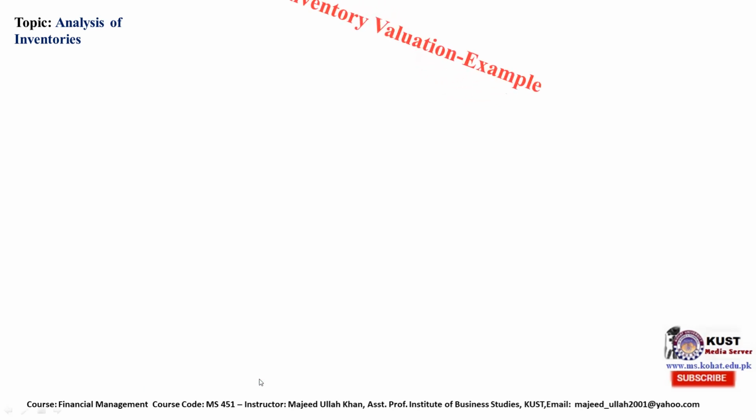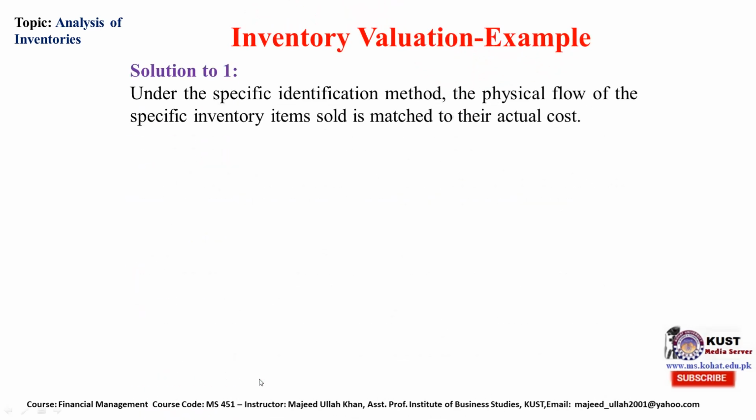First solution. Under the specific identification method, the physical flow of the specific items sold is matched to their actual cost.